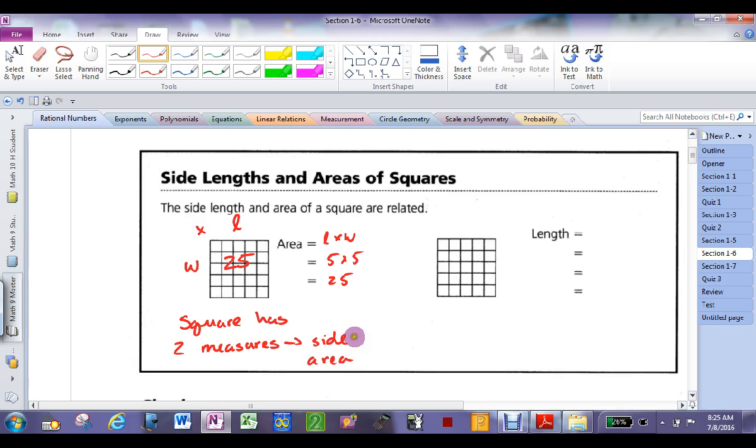The side is the square root. The area is the squared number. And all that means is the side, when you multiply it by the same number, you get the square.